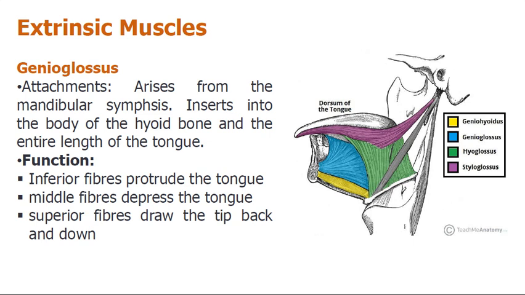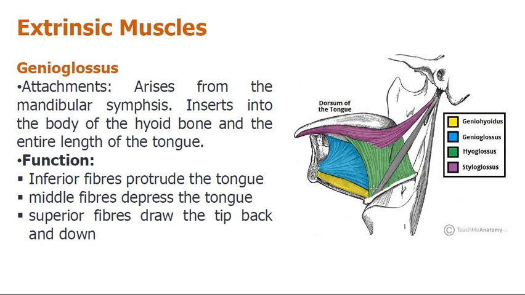This muscle has the function to protrude the tongue by the inferior fibers, or depress the tongue, pulling it down, by the middle fibers, and even draw the tip of the tongue back and down in this direction by the superior fibers. So in this genioglossus muscle, the inferior fibers make the tongue protrude, while the middle fibers depress the tongue, and the superior fibers here pull the tongue backward and downward.